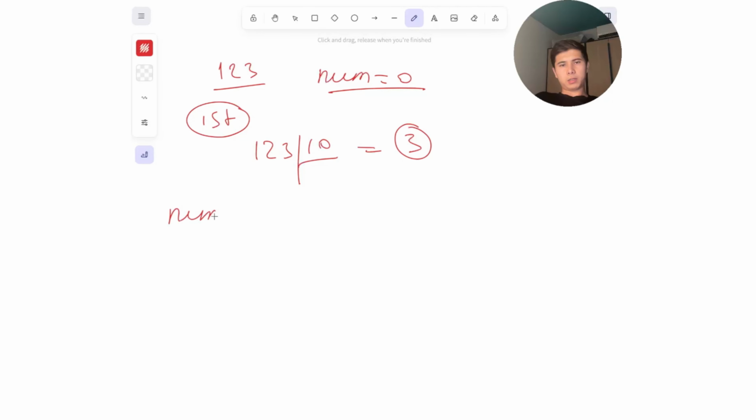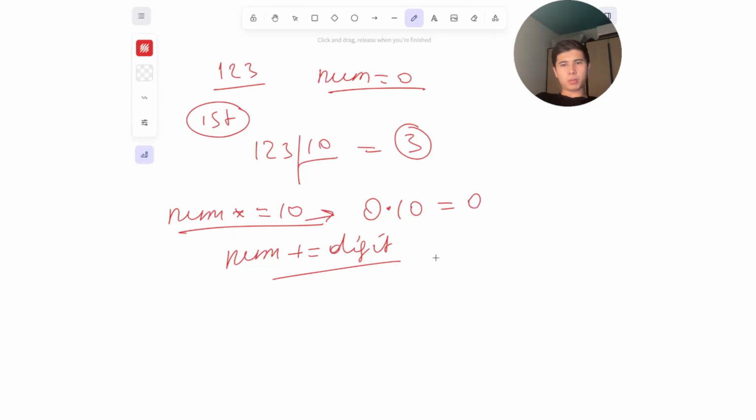Number multiplied by 10, and number plus equals digit. Our number multiplied by 10 becomes 0. And then in the next step, our number is 0, our digit is 3, so 0 plus 3 becomes 3.